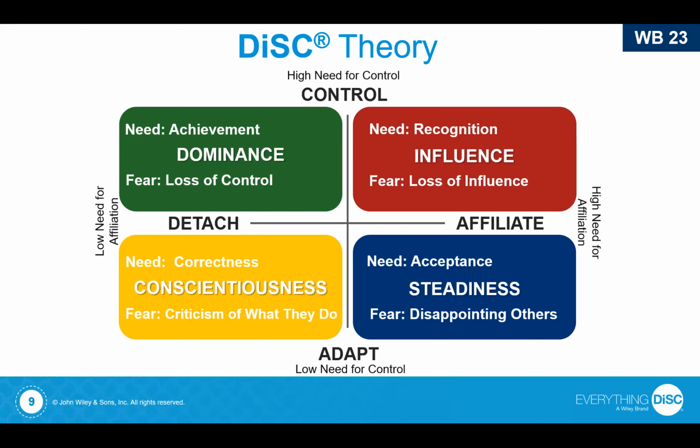So for the S style to move up to the D quadrant, they've got to move along both scales. It's not moving diagonally, it's moving both scales at the same time. So you're going diagonally, but mentally you'll be more effective at adapting if you recognize that I need to take control here and I need to be less friendly and affiliative. All right, I need to detach from the emotional stuff in order to use that dominant behavior.